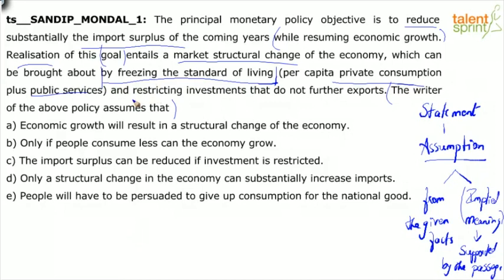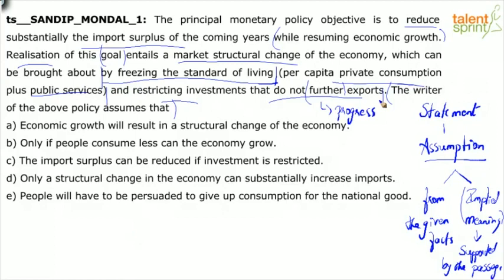And another way of doing it is restricting investments that do not further exports. Do not further exports means, in this context, further gives the meaning of making it move forward, some sort of progress.